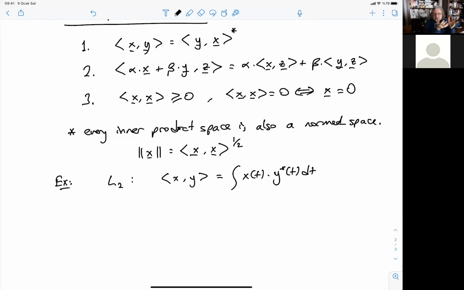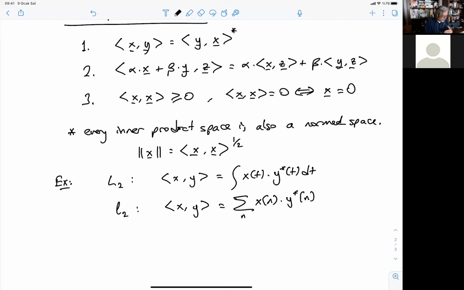You will notice that if y of t is the same as x of t, then this inner product will probably be large. Or if one of these is large, then the projection onto that one is also going to be large. And in little L2, for the discrete case, you just replace the integration with a summation, x of n times y conjugate of n over n.